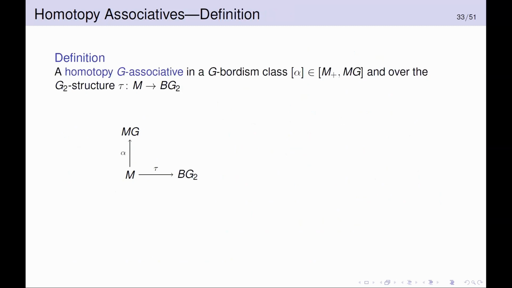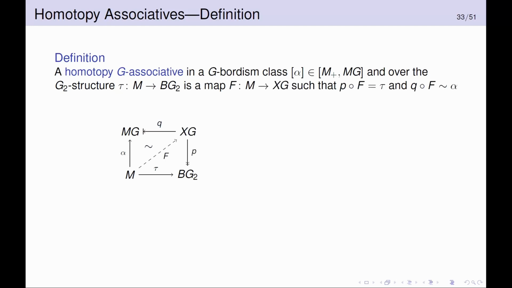Okay. So now I can say what the homotopy associative is. We start with a G cobordism class alpha, represented by a map from M plus to MG. And we have a G2 structure, tau, classified by a map from M to BG2. And now what we want to have is a map F from M to XG, such that the lower triangle commutes on the nose.